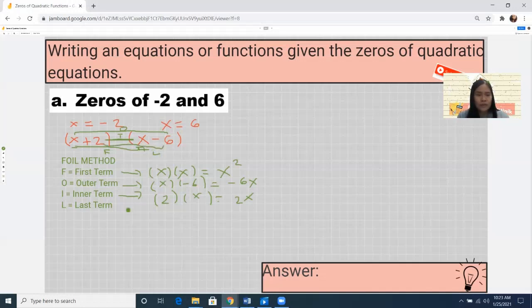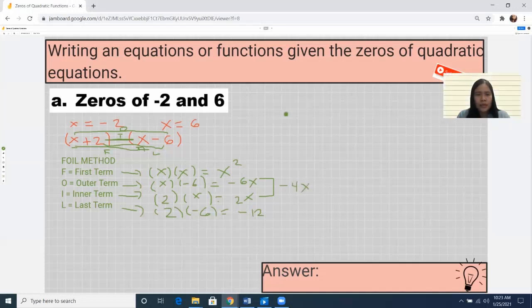That is how we use the FOIL method. 2 times negative 6 is negative 12. Then we can combine the two linear terms: negative 6x plus 2x is negative 4x. And that's it. We will just rewrite them.